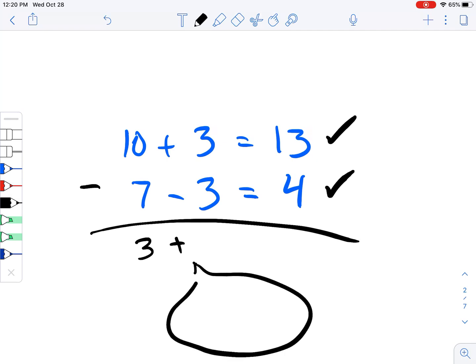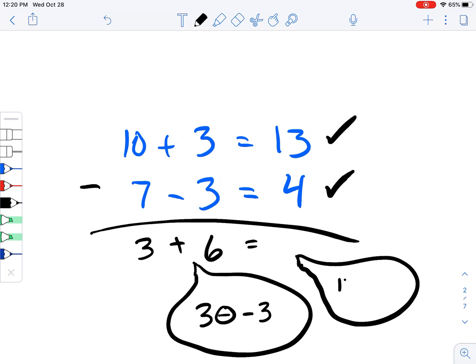I'm going to have sort of a thought bubble here. This is really 3 minus a negative 3, so that's really 6. And my thought bubble here is 13 minus 4, so that should be a 9. So do I maintain truth? 3 plus 6 is 9. Yes. So I'm allowed to add or subtract equations, which seems bizarre, but it's super handy.